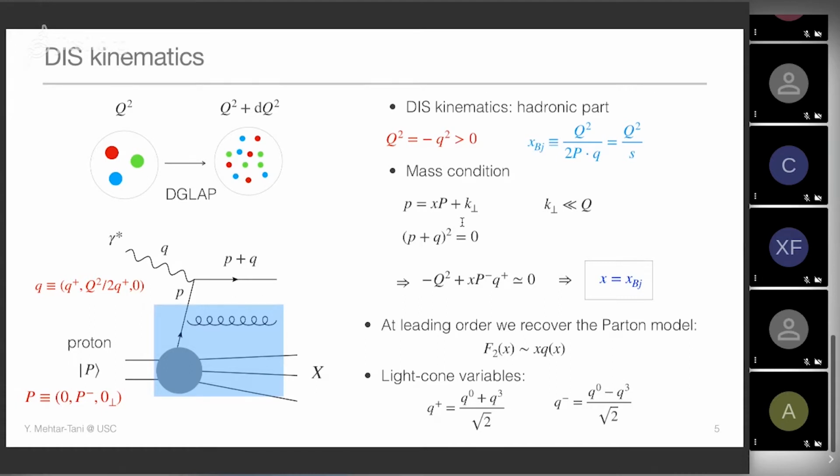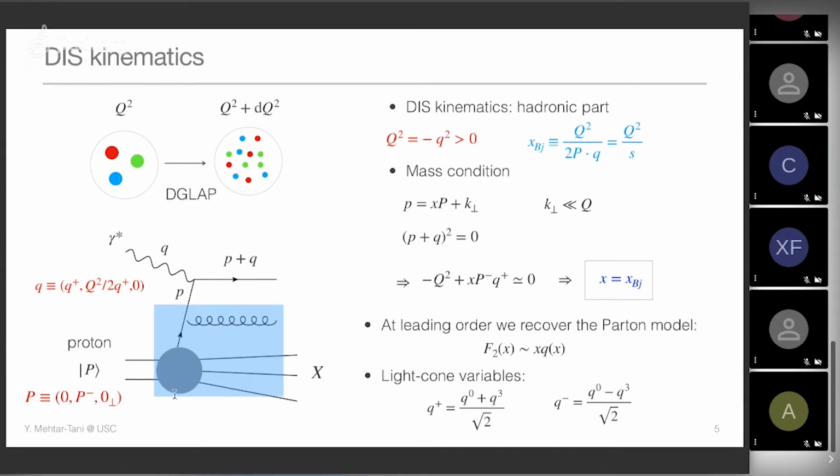The electron will exchange a virtual photon with the proton, and in QCD, the way you see this process is via this leading order diagram, where you exchange a photon with one of the quark constituents in the proton. I'm not showing the electron; that's the leptonic part.